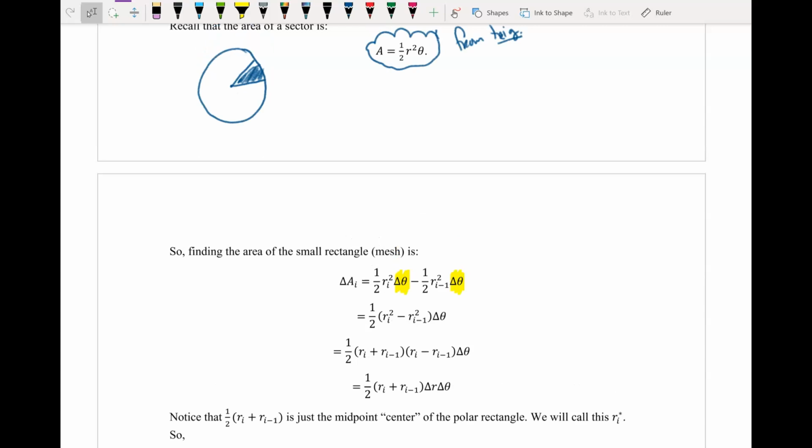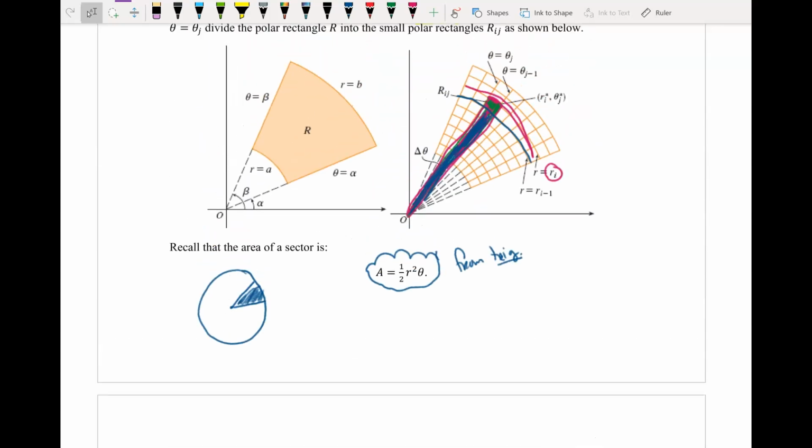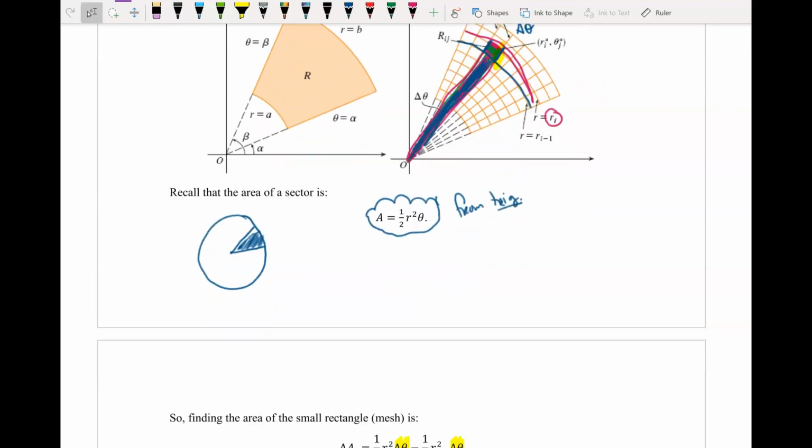So in order for me to find that, you're going from theta 1 all the way to theta 2, or I'm going to say theta_j to theta_(j minus 1), which is basically delta theta. So it's just a change in the thetas. So that's where that delta theta came from.